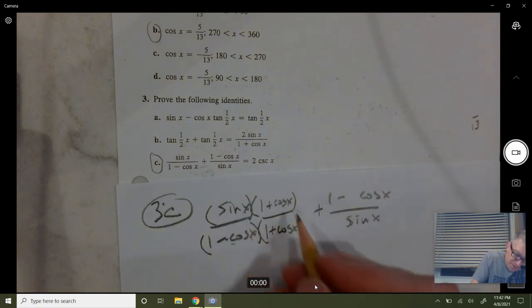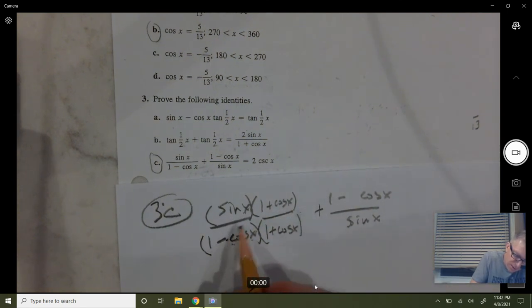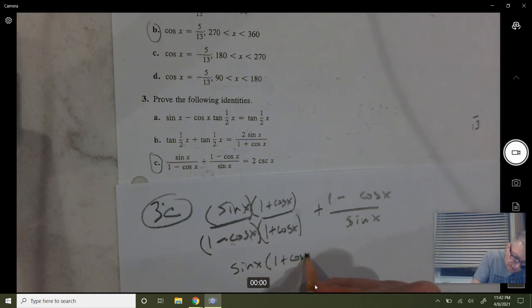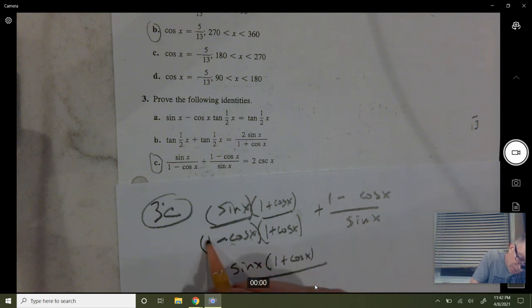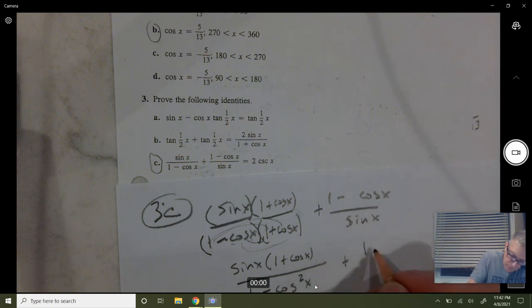The top, let's leave those factored for now. Sine x times 1 plus cosine x. And then on the bottom, you get 1. Outers and the inners cancel. And then you get minus cosine squared x. And then let's leave this one alone.